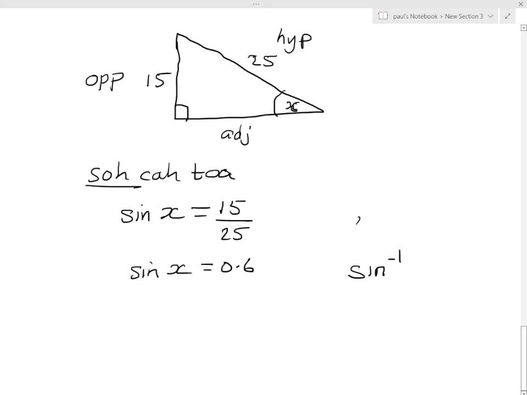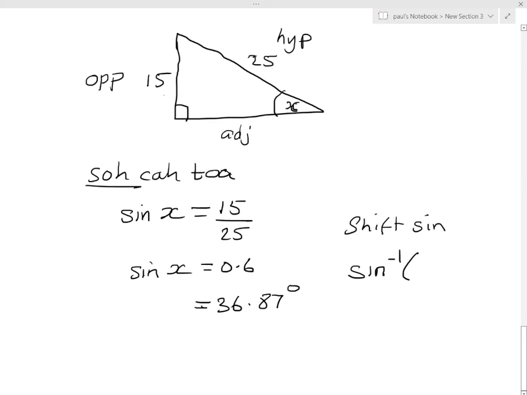It's basically just shift sine. So this will take us back to the angle. So you go shift sine and you get an open bracket there, and then put in 0.6, and this tells us that it's 36.87 degrees.